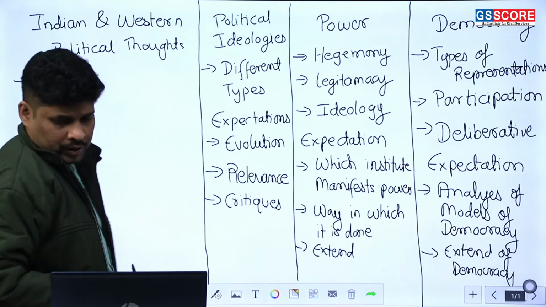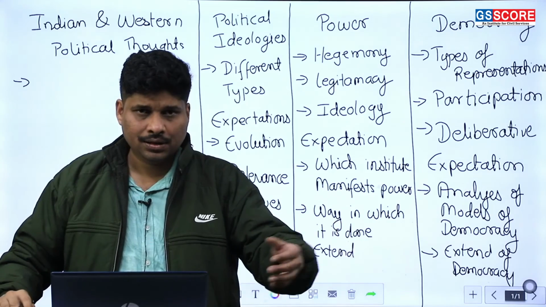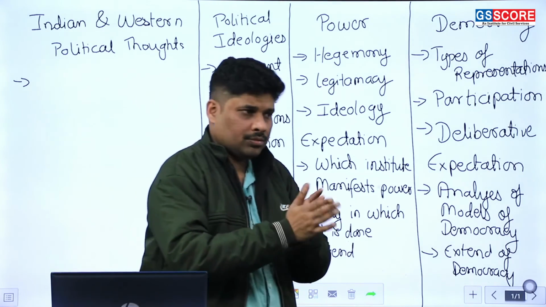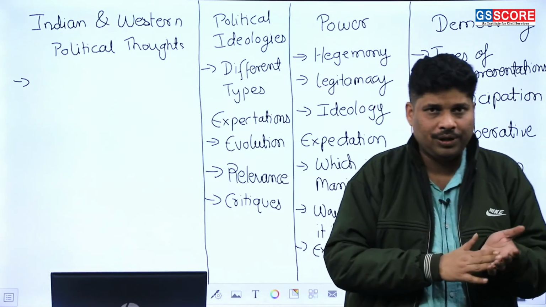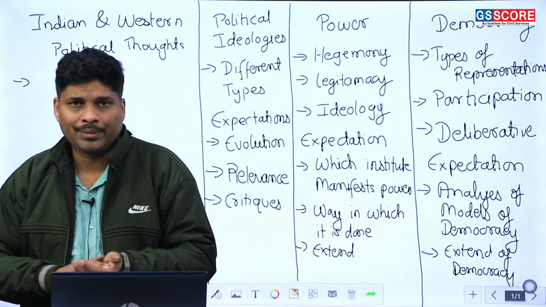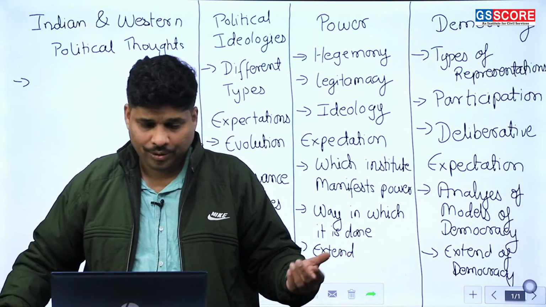Obviously, thinkers are mentioned here. For example, in Indian political thought, Arthashastra, Dharmashastra, Buddhist political thought. Then we have Gandhi, then we have Dr. Ambedkar, M.N. Roy, and Aurobindo Ghosh. Obviously, these are the important thinkers.